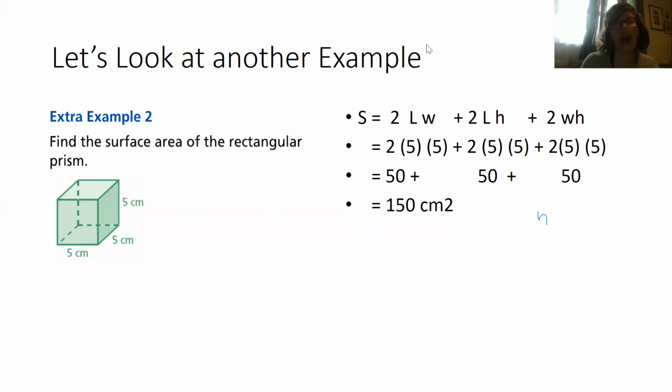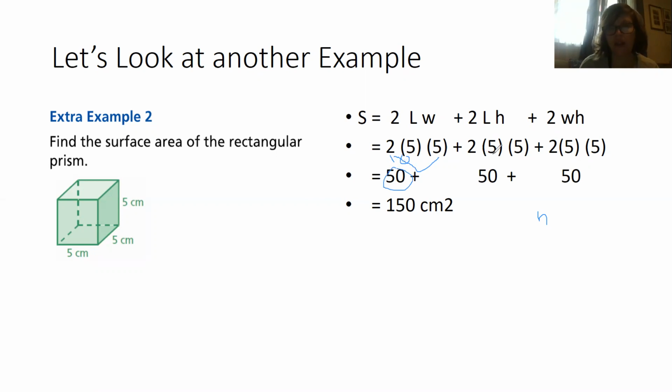So once I've done that, let me see if I can get my pencil back. All right, then I'm going to multiply again. So 2 times 5, I know that gives me 10, and then 10 times 5 is going to give me 50.